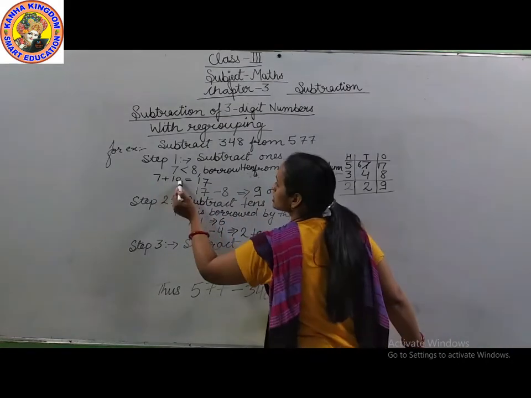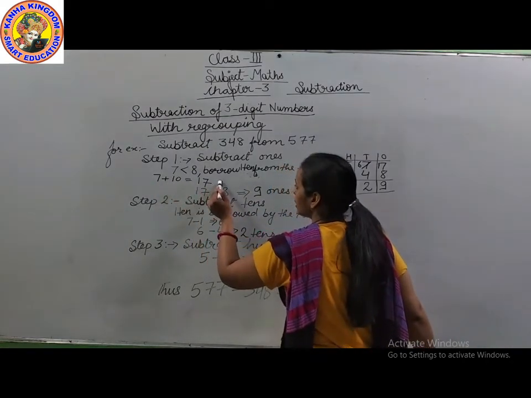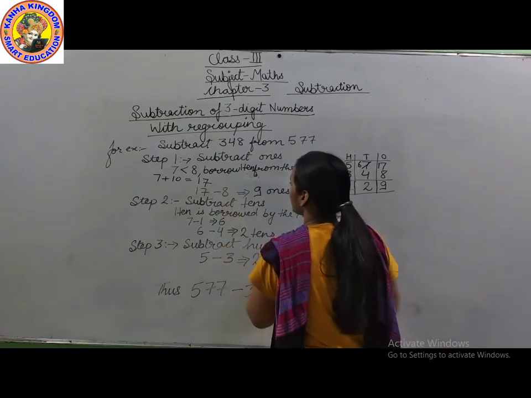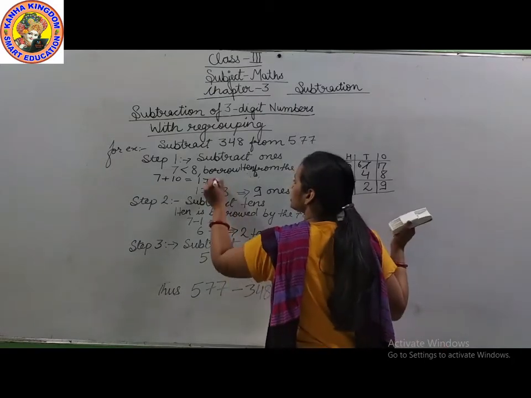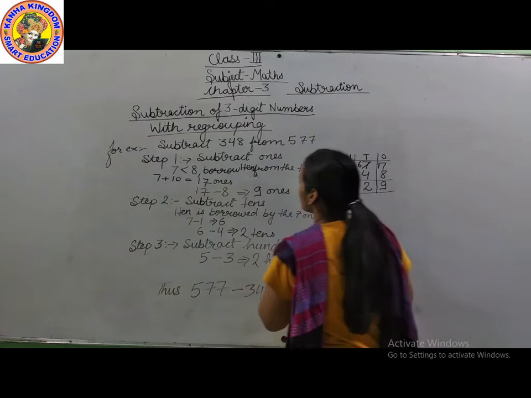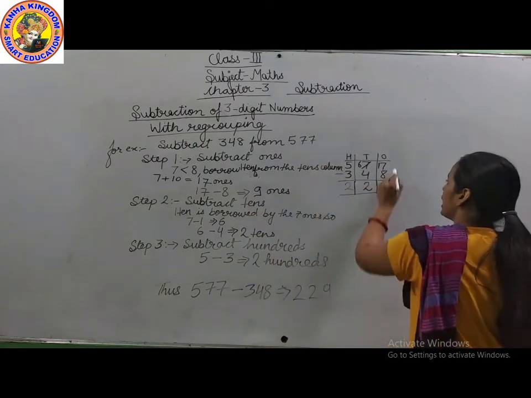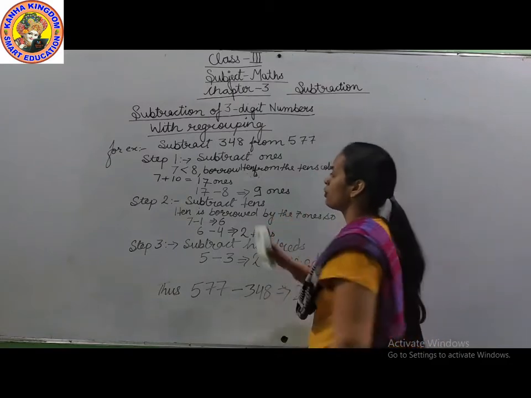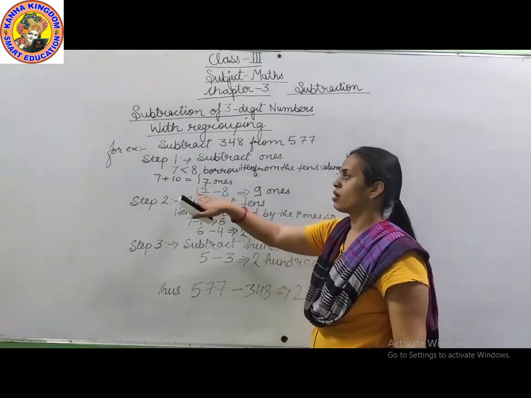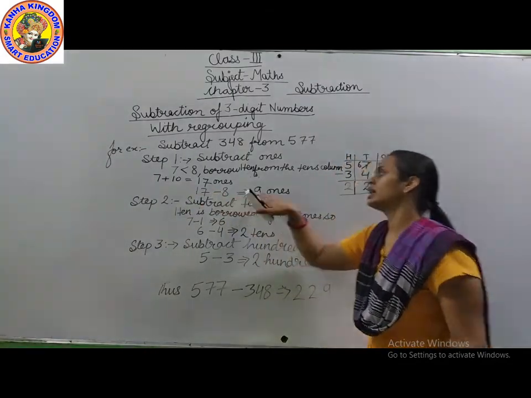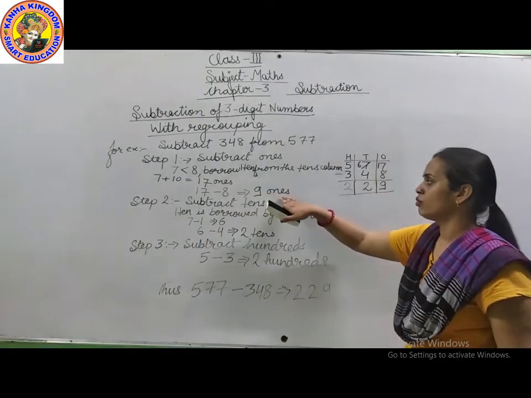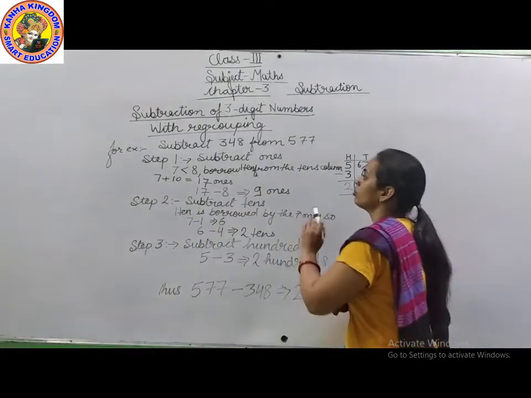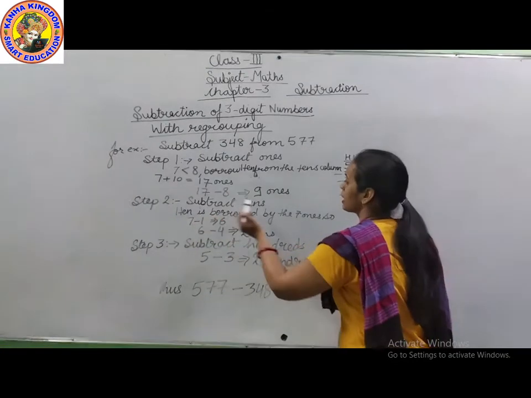So 7 plus 10 equals 17. I'll write it here in the column. Now 17 ones minus 8 ones equals 9 ones. When we subtract 8 from 17, our answer is 9 ones. Now next step, subtract tens.